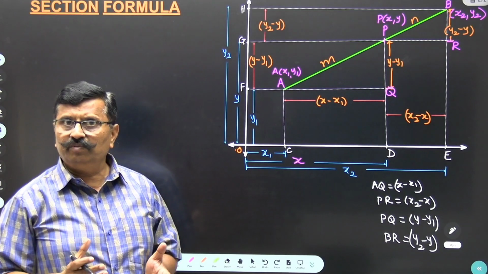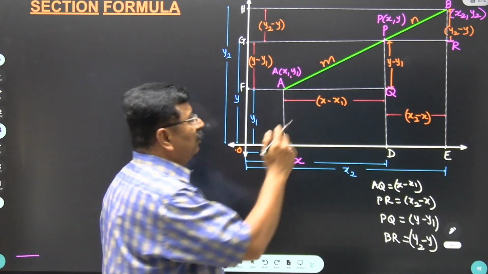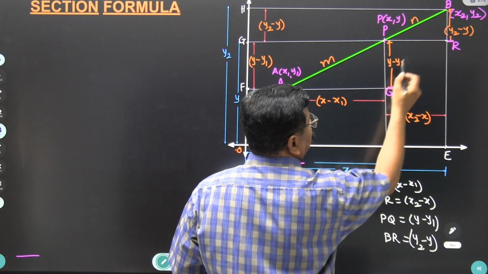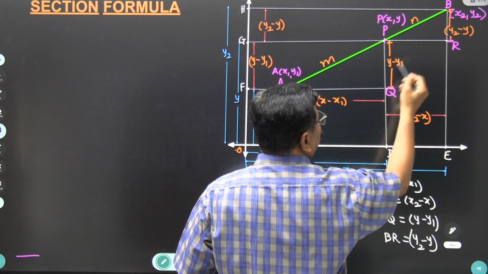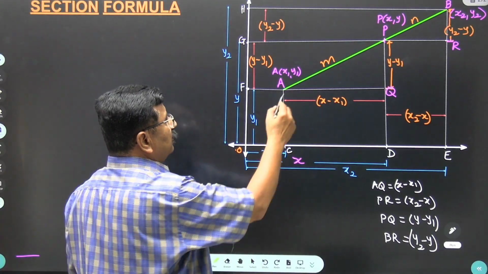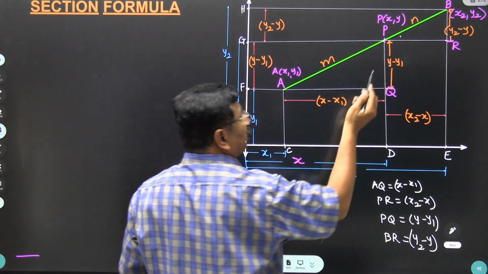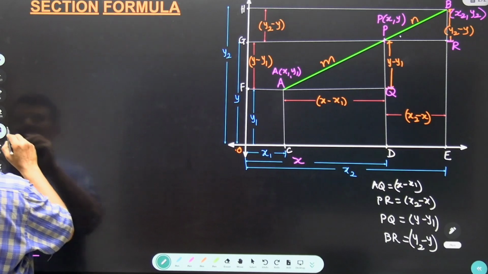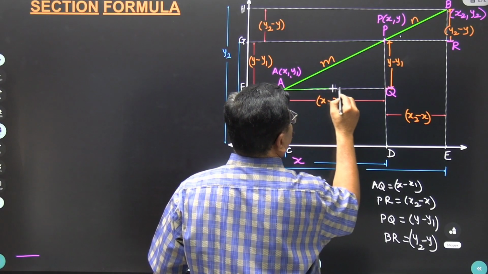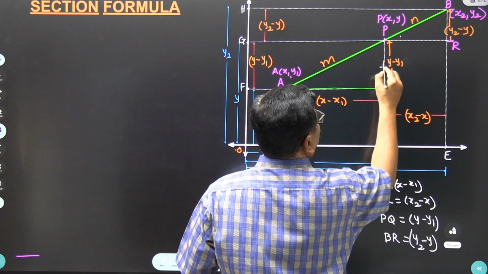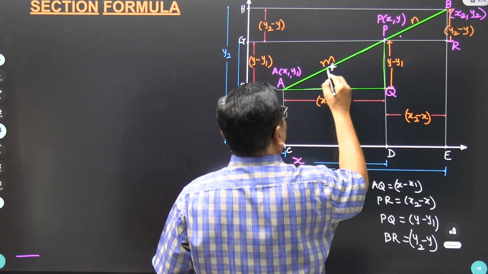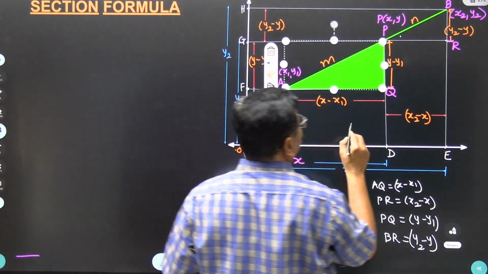Can you guess, are they similar? Yes, they are similar, because this angle is 90 degrees and this is also 90 degrees. These are the two right angles, and this angle is congruent to this angle because they are corresponding angles. Therefore these two triangles are similar.